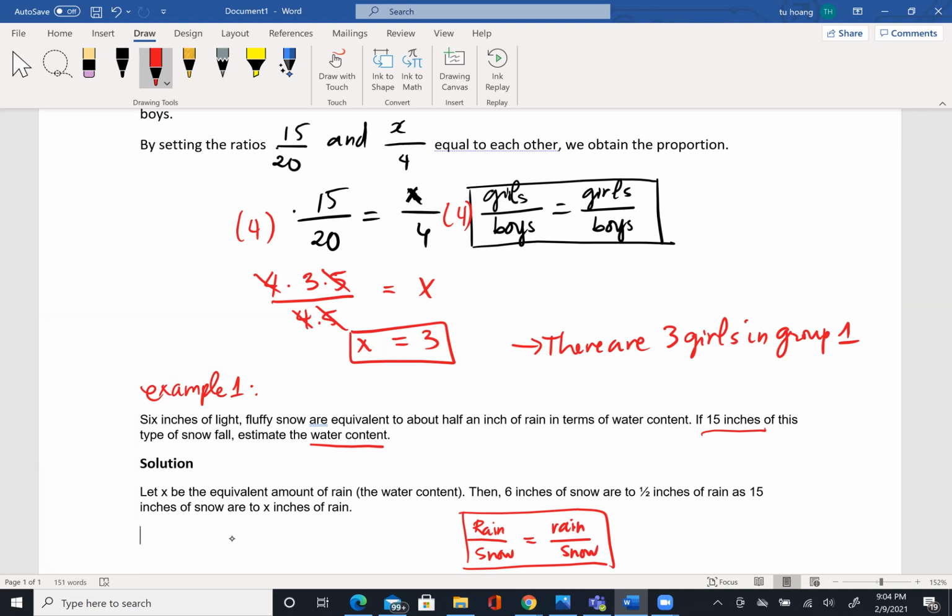So let me show you why. Okay, so for the first ratio you have 1/2 on the top, right? Rain, snow, right? Snow is 6, so 1/2 over 6, equal to now X over 15.